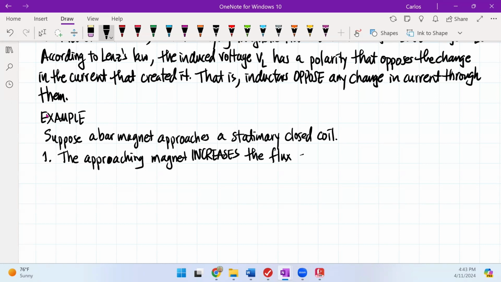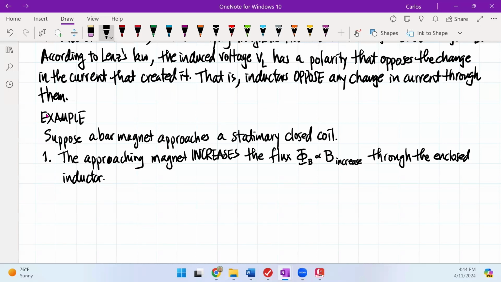In other words, we know that the magnetic flux is proportional to the magnetic field, and instead of writing flux, we're going to say it's just increasing the magnetic field. So it increases the flux or magnetic field through the enclosed coil or inductor.